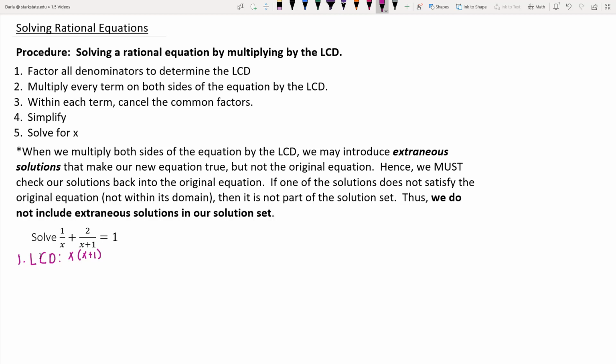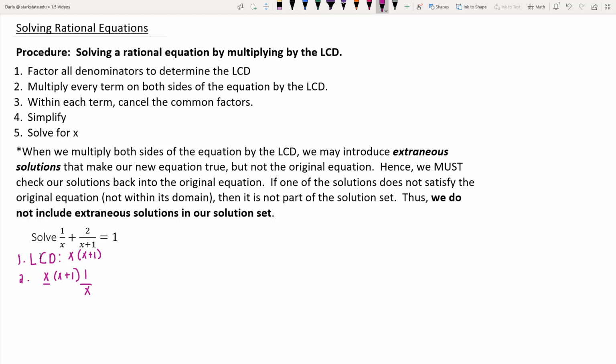So then what we do is we rewrite our equation where we multiply every term by that x times x plus 1. So x times x plus 1 times our first rational expression, which is 1 over x.